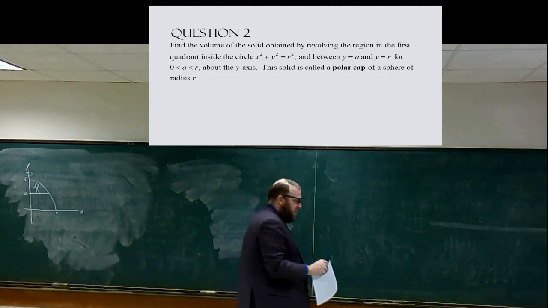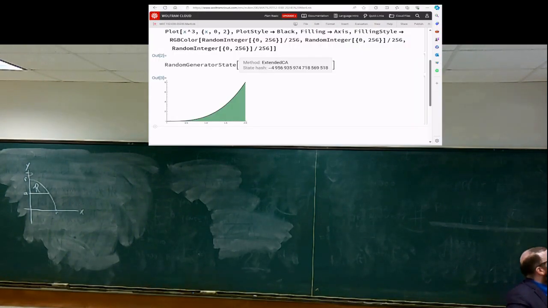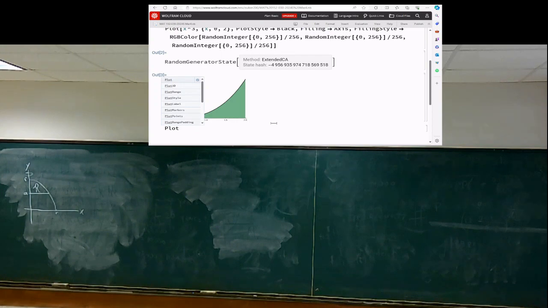So how can we do this in Wolfram? I'm not going to be able to, well, actually I could. I can shade. So I think I will. First we're going to go ahead and plot the quarter circle. Oh, here's the problem.